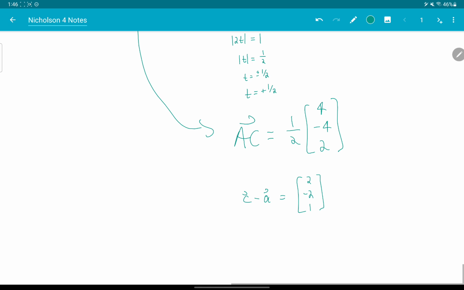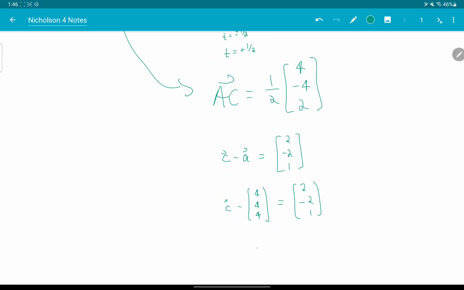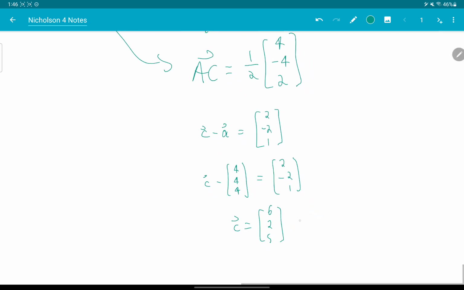And the vector A is given, if I'm not mistaken, yeah, the vector A is given to be 4, 4, 4. So finally, my vector C is 6, 2, 5, which tells me the corresponding point is 6, 2, 5. Et voilà.